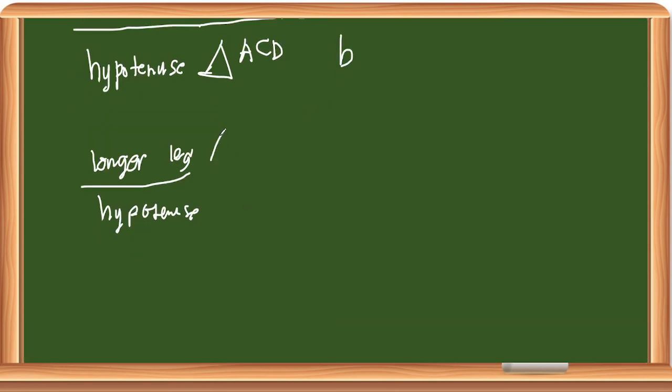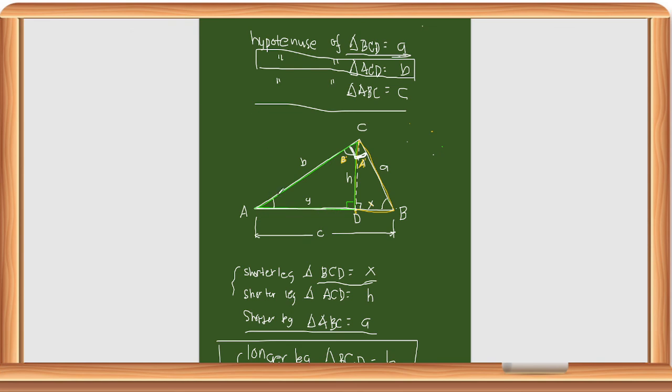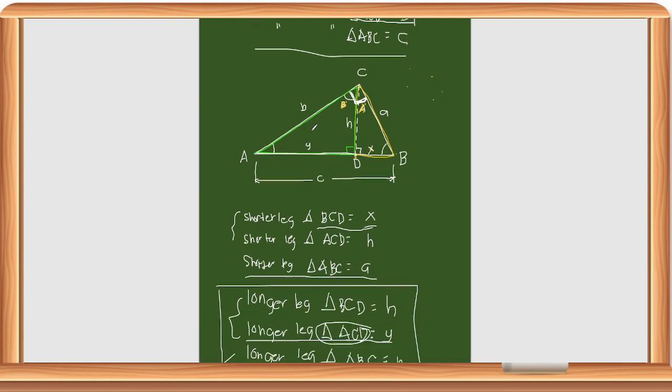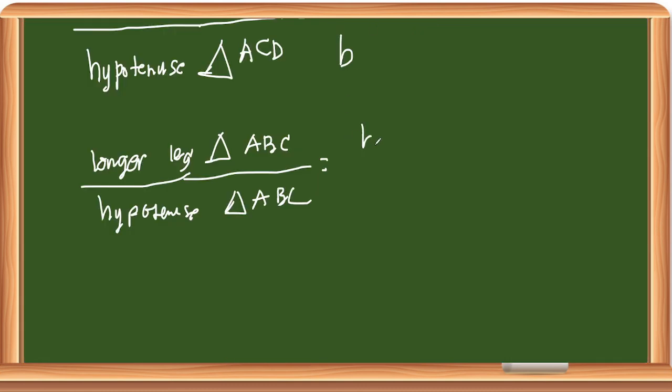Para sa ang corresponding parts niya naman para sa triangle ABC or the original triangle. Okay, triangle ABC is equal to, okay, so yung longer leg ng original one, we have B, no? Ito yon, yung longer leg. So let's try to put B here. All over the hypotenuse.